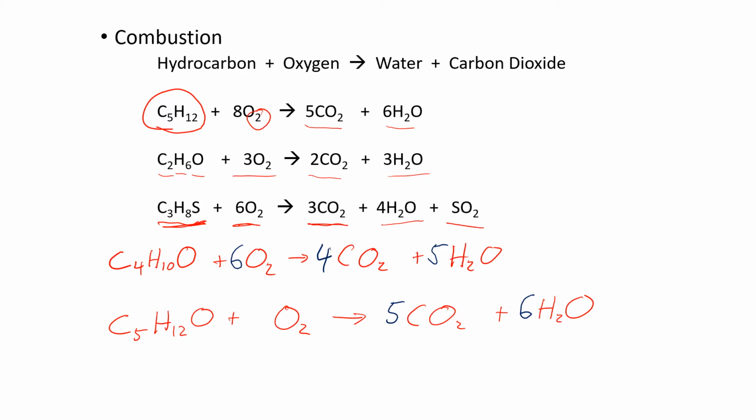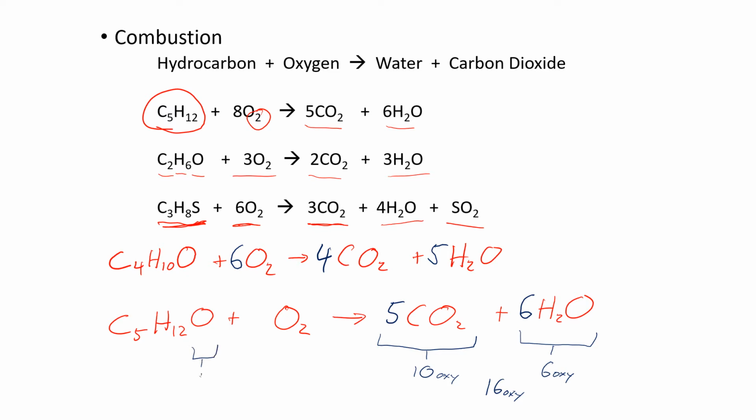Now it's time to balance the oxygens. So right here, I got 5 times 2, I got 10 oxygens, and right here I have 6 times 1, or in other words, I got 6 oxygens. Okay, so in total I got 16 oxygens. So again, I have 1 right here.